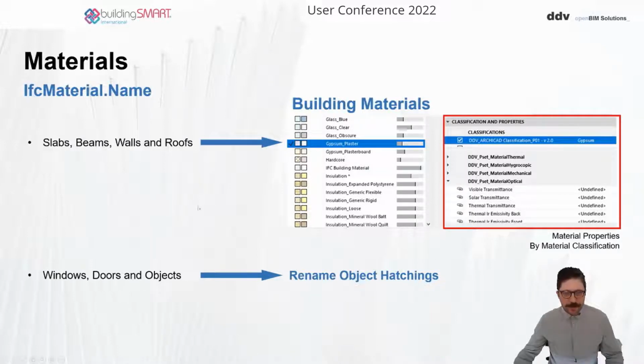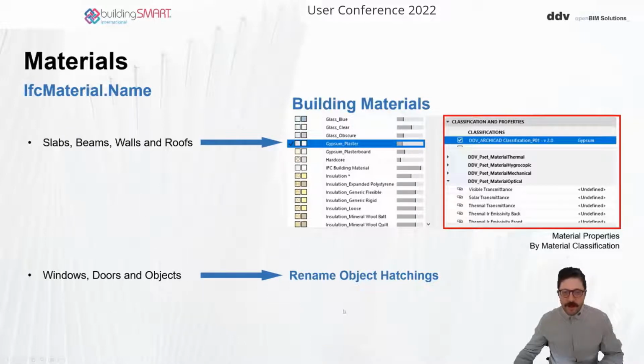You know that these BIM authoring tools, and especially ArchiCAD, are quite specialized in creating high quality outcomes, which means that it has a lot of features aimed at that, so we are using several hatchings, and if you rename those hatchings in the same way you are naming your building materials, you will be able to get in your IFC based information model the IFC materials in your windows, doors, and objects.